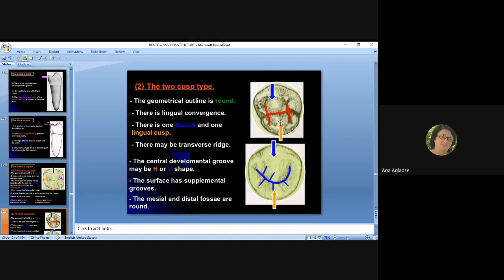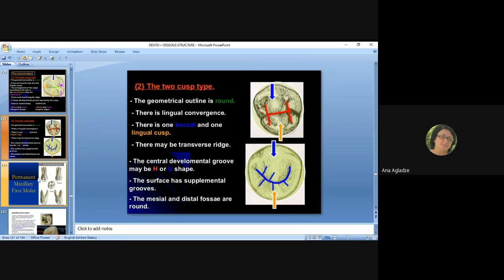There may be a transverse ridge, and the surface supplemental grooves and fossae. You can see the mesial and distal fossae, which are round. This is a developmental groove.